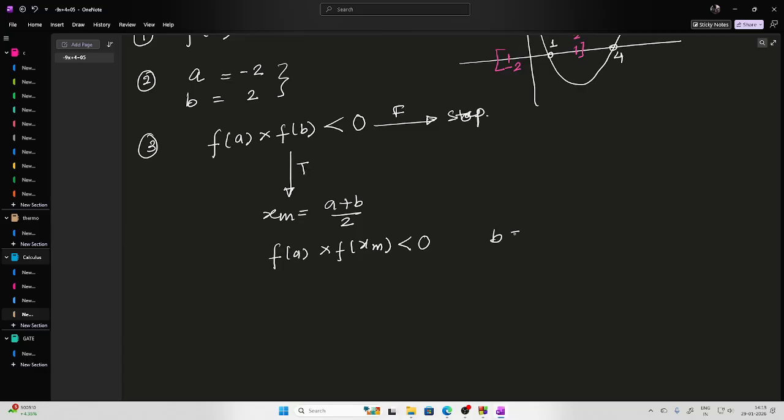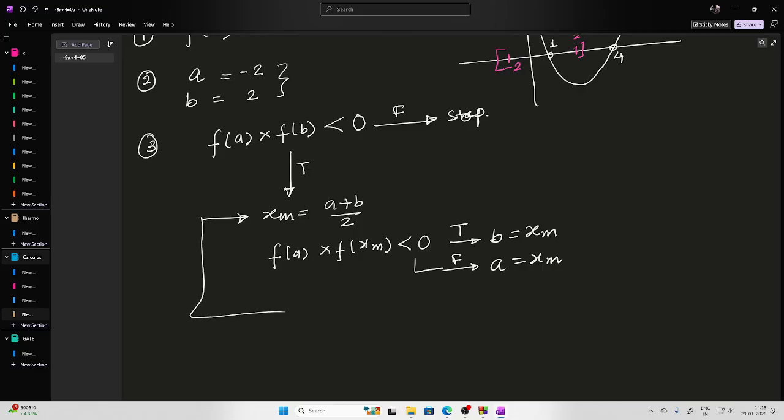So the outer limit b will now be xm, if this is true. Otherwise, if this is false, then a will become xm, and the reason I have already discussed in the previous lecture.